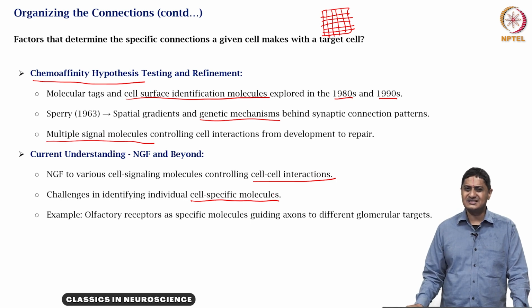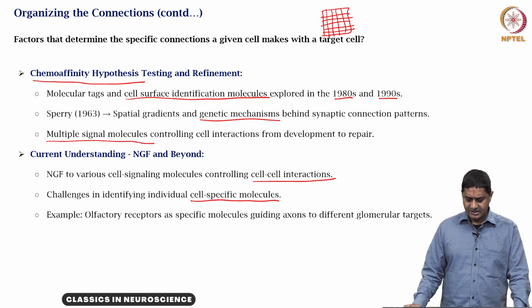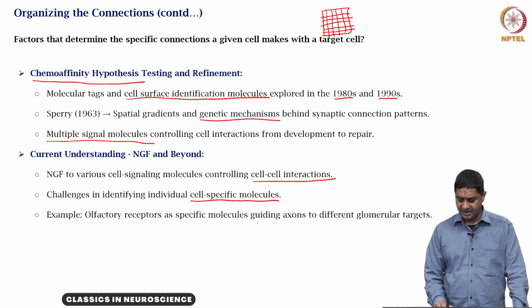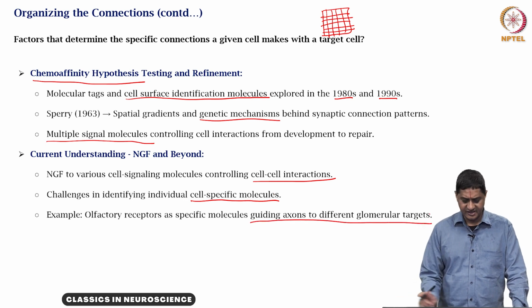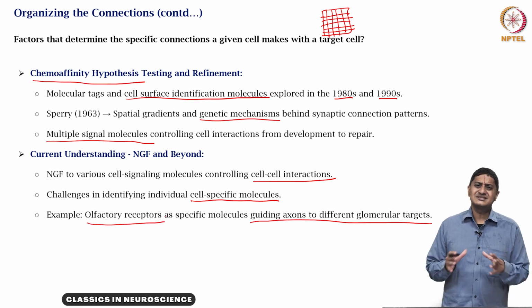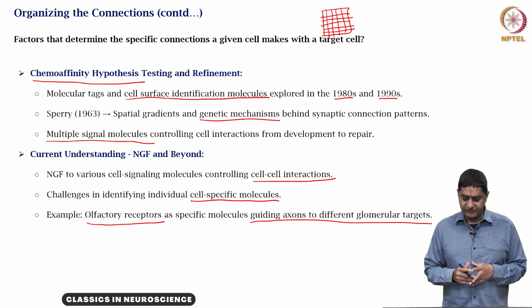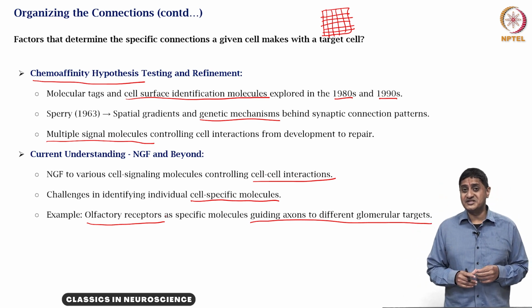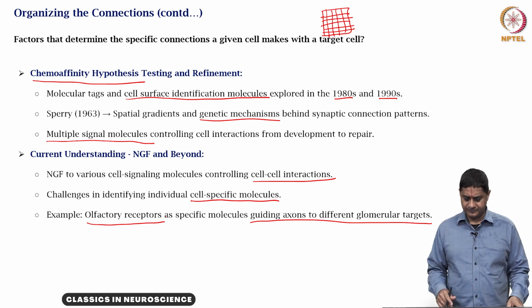However, there are some examples where specific molecules guide axons to different glomerular targets. For example, in the olfactory system, there is some identification of individual cell level or cell-specific molecules in some cases, but not everywhere.